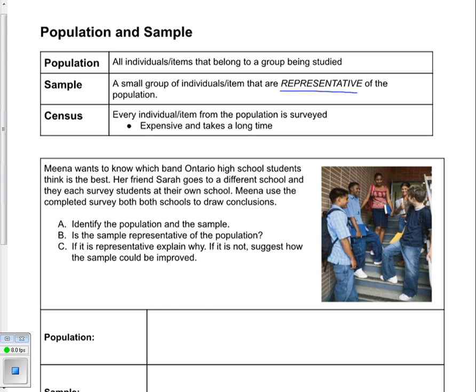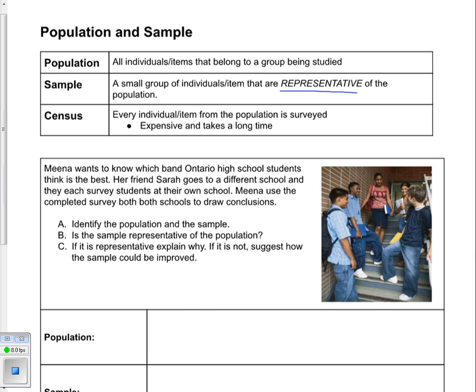There are certain circumstances under which you want to know information from every single member of the population, and that particular situation is called a census. In a census, every single person or every single item from that population is being surveyed. The drawback is that even though it's incredibly thorough and you get the best information from a census, it's also very expensive and it takes a really long time.